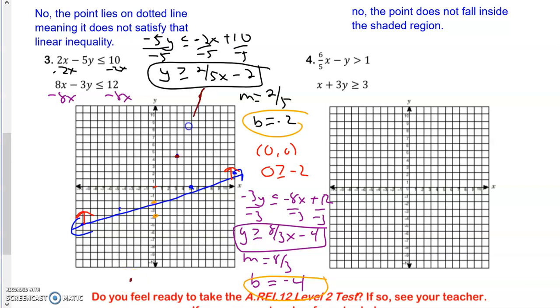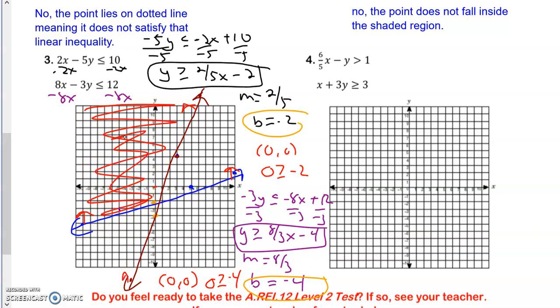Again, we know that this is a solid line. My favorite test point is still 0, 0. So I'm going to put 0, 0 in, and I know that 0 is greater than or equal to negative 4, which is a true statement. So that means I'm going to be shading above this line. So it's going to be all of this area right here.